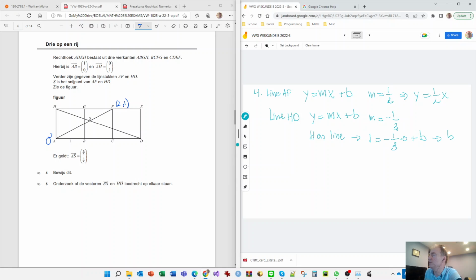So b equals 1. So line HD is simply y equals minus 1/3 x plus 1. You can double check if you want that point D is on this line. So if I substitute x equal to 3, yeah, I get 0.